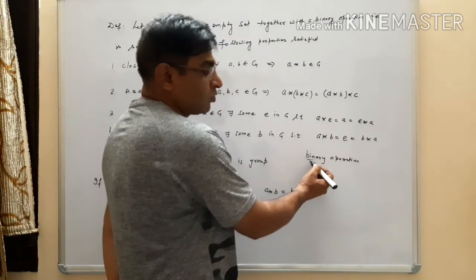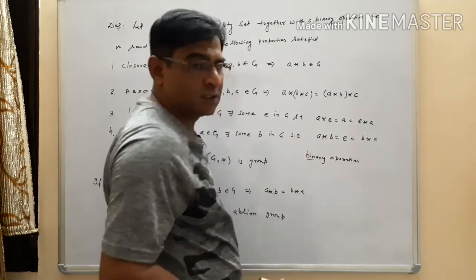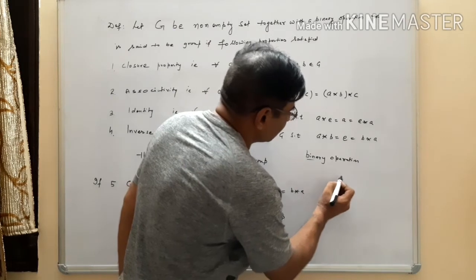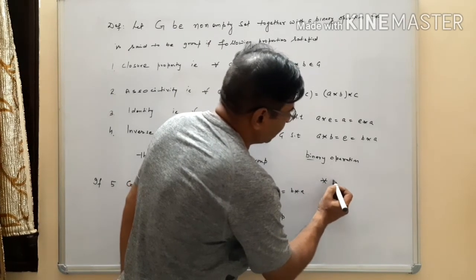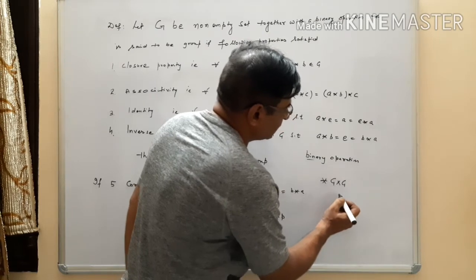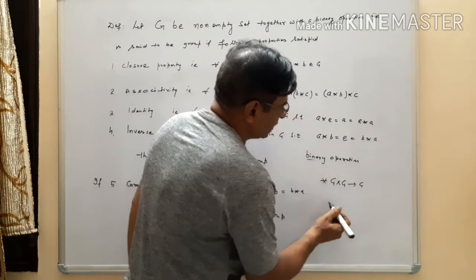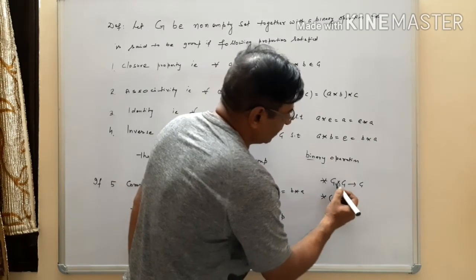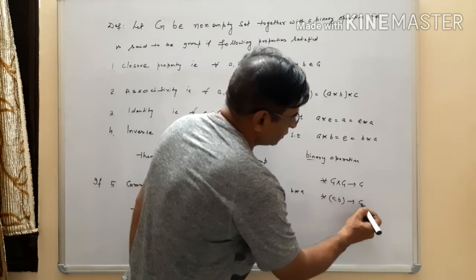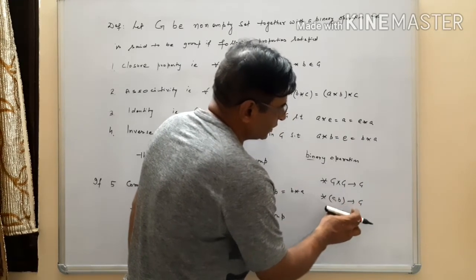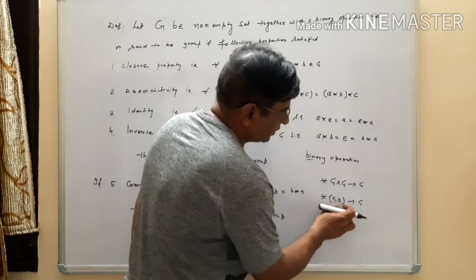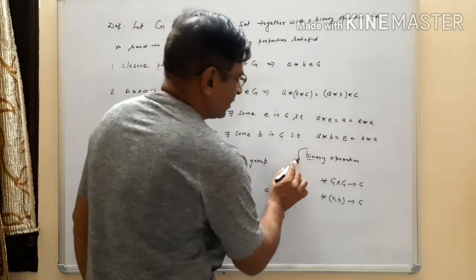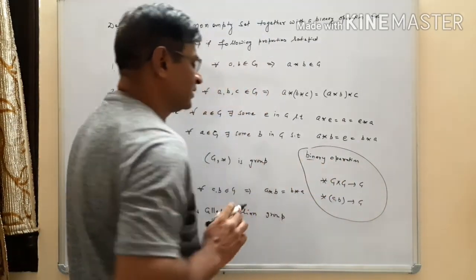Bi is the word that comes from bini meaning two, and operation is the work. So in mathematics we denote the binary operation star as a mapping from G cross G into G. That means it will carry a pair of elements A, B of G cross G to some single element of G. This is our binary operation definition.